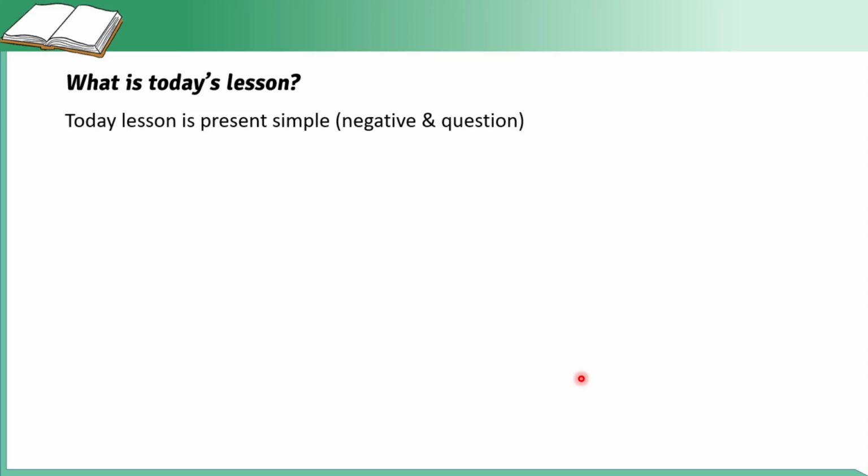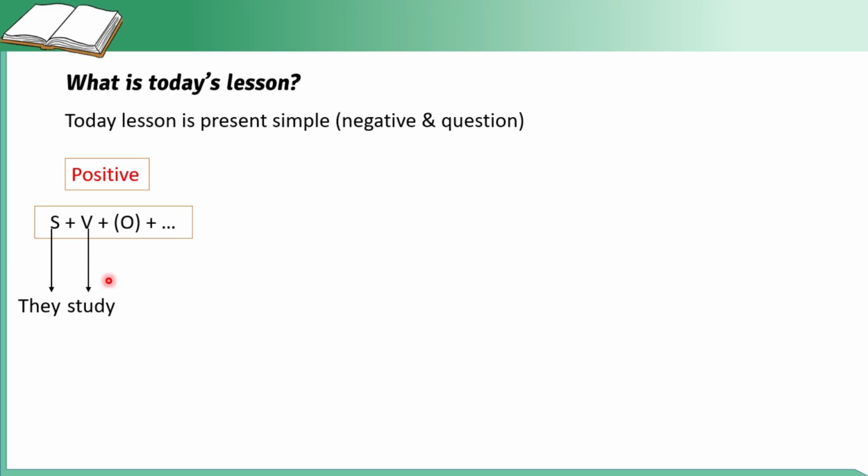Okay, today we study about present simple, negative and question. Can you give me the form of negative and question? Okay, I'll give you the positive form. Subject, verb, objects. Example, subject they, verb study, objects English.